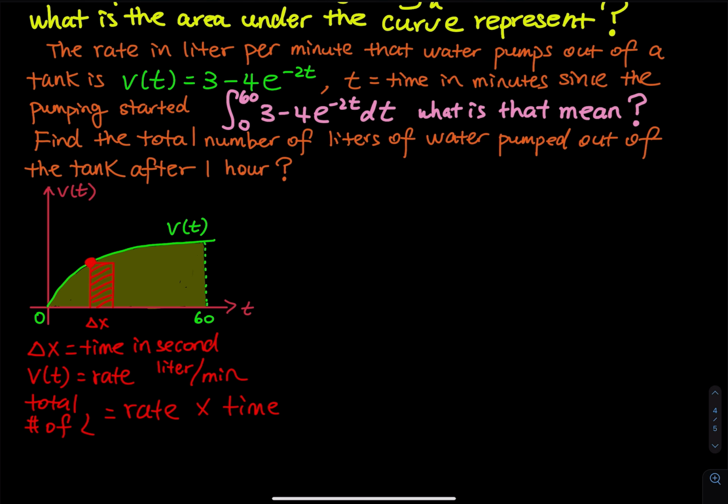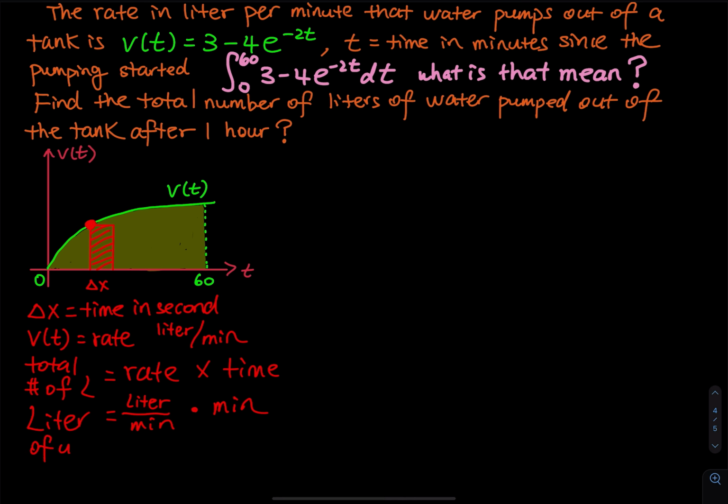The rate is in liters per minute, and the time is in minutes, or we can easily convert it to minutes. So what is the total? The total is in liters, right? So whatever the area is, that is the number of liters of water pumped out of the tank.